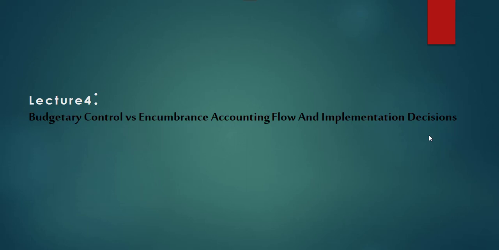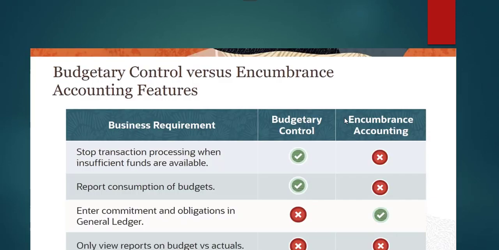Hello, and let's continue the implementation decisions and budgetary control encumbrance accounting flow. Looking at that in a little bit more detail, some decision points: do you want transaction amounts from requisitions, purchase orders, invoices, receipts, and journals to be validated against a budget during transaction processing in real time?